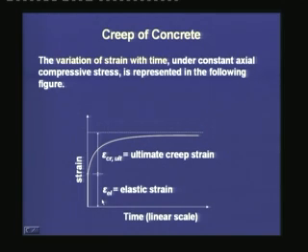When we apply the prestress, there is an immediate strain, and then there is a gradual increase in the strain with time, and if the initial stress is within a certain limit of the characteristic strength, then the increase in the strain due to creep stabilizes to a certain value. This final increase in the strain is termed the ultimate creep strain, which is denoted as epsilon CR ultimate.